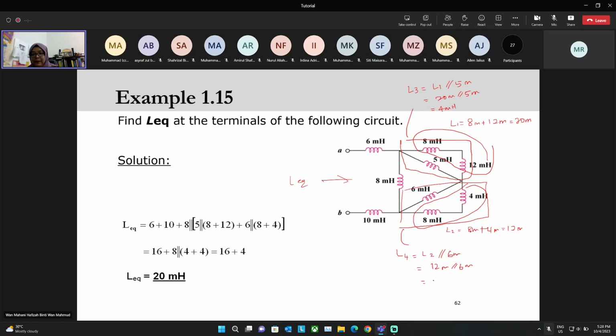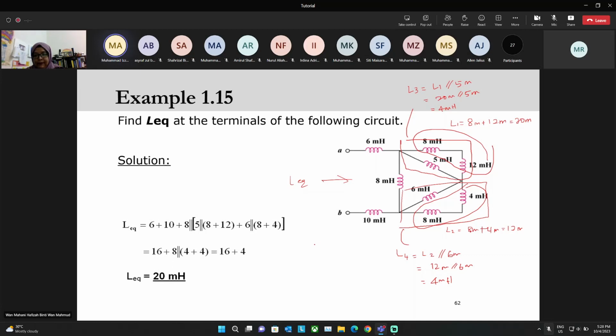Dapat berapa ni? 4. 4 juga kan? Dapat tak? 12 dengan 6, parallelkan dia. 1/12 mili tambah 1/6 mili and then you reciprocalkan dia. Dapat 4 mili.